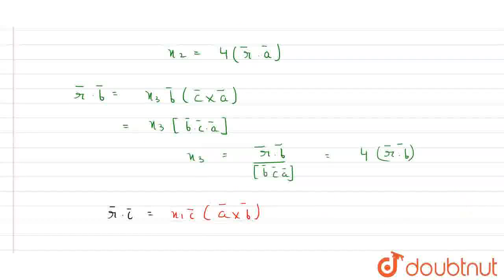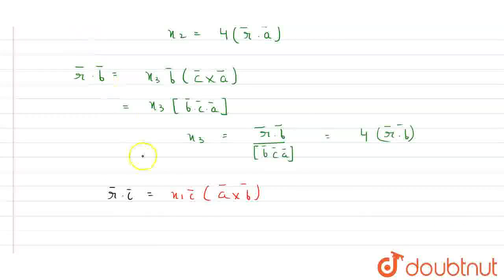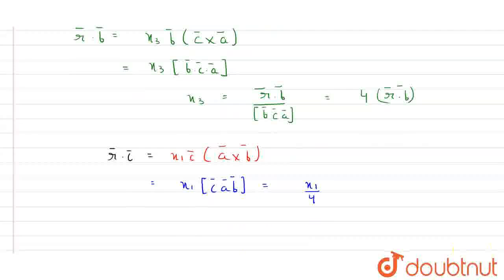Okay, so now it will be equal to x1 [c a b], and its value is 1 upon 4, so x1 by 4. So my x1 will be equal to 4 times r dot c.